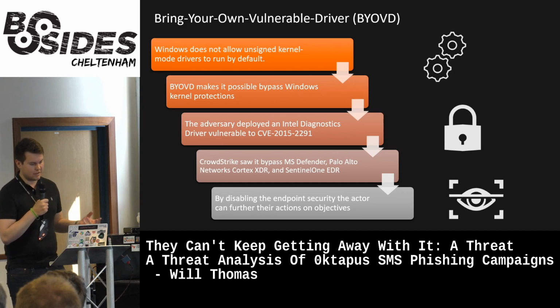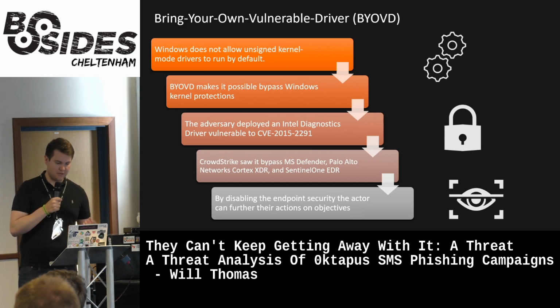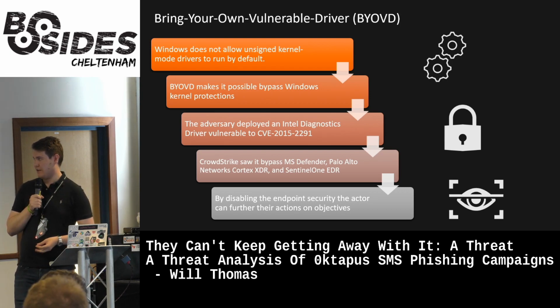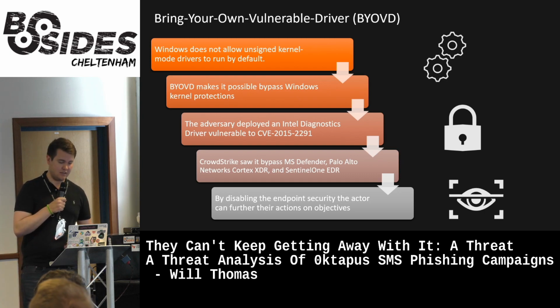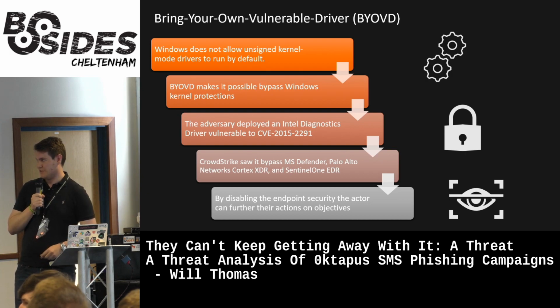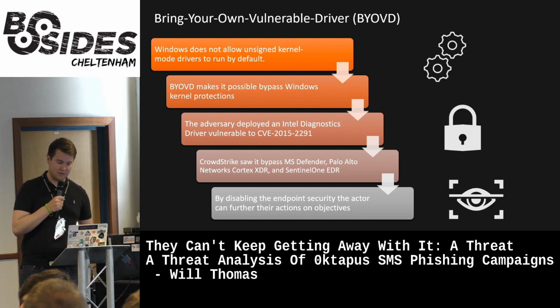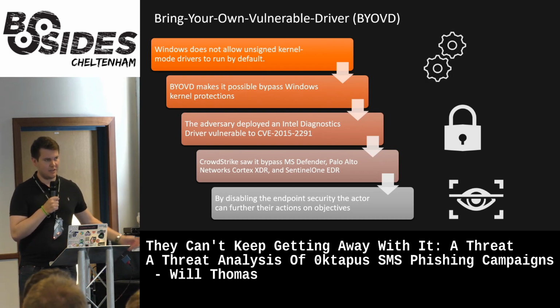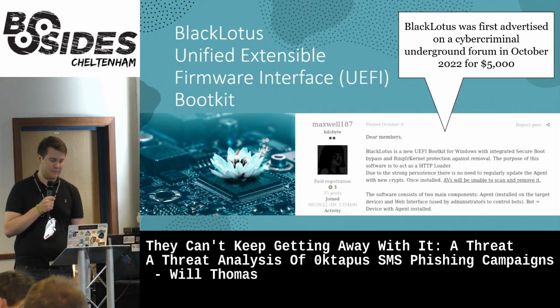You can create rules to detect this, but by default, it's not going to stop it. CrowdStrike actually said they saw Microsoft Defender, Palo Alto Cortex, and SentinelOne EDRs all just kind of fall over to this. So once they've disabled the endpoint, they can perform whatever actions they want.